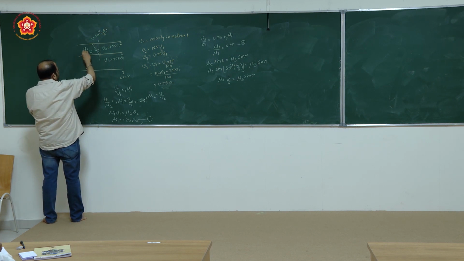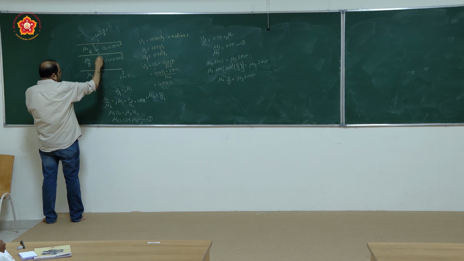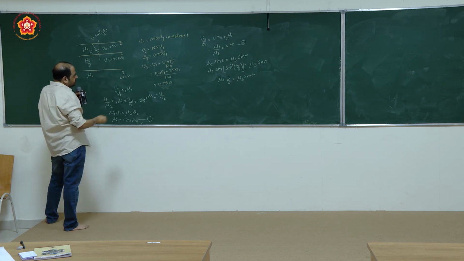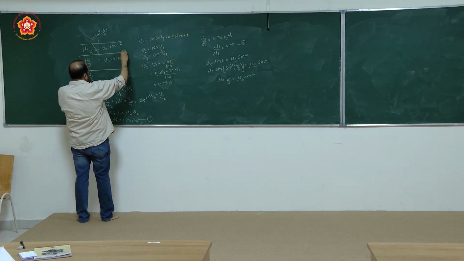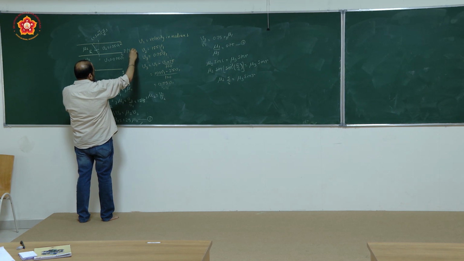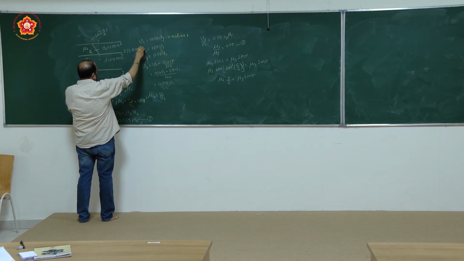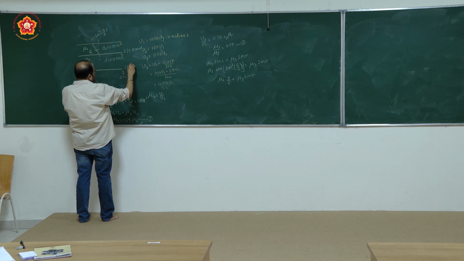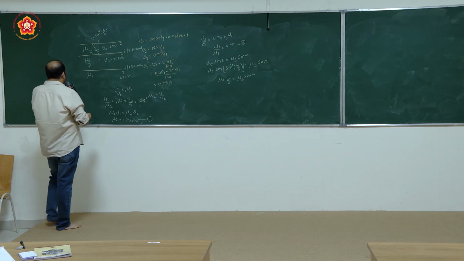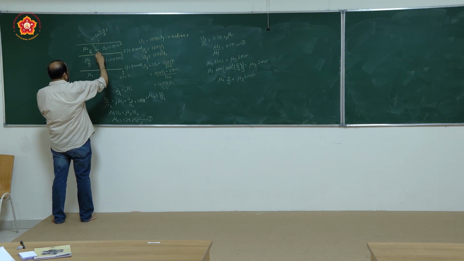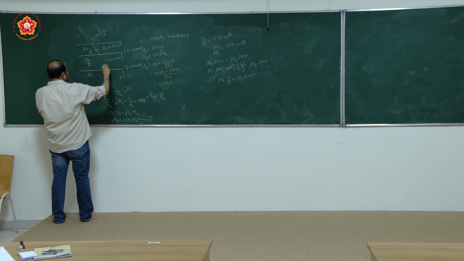Now if you use it, it becomes simple: mu2 into sine i will be equal to mu3 into sine of r. Here sine of r will come, so you are having that part mu2 into sine i is equal to mu2 into sine r. This is actually the second third boundary, and you are having this as the third and the first boundary. So it is given for two boundaries, so you are able to get here the angle of refraction. Whatever is the angle of refraction, let us put it down like this, that this will be the angle of refraction here.